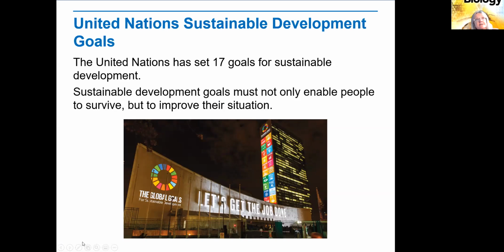United Nations Sustainable Development Goals. The United Nations has set 17 goals for sustainable development. Sustainable development goals must not only enable people to survive, but to improve their situations. So sustainable development should provide for human needs while preserving the ecosystem services.